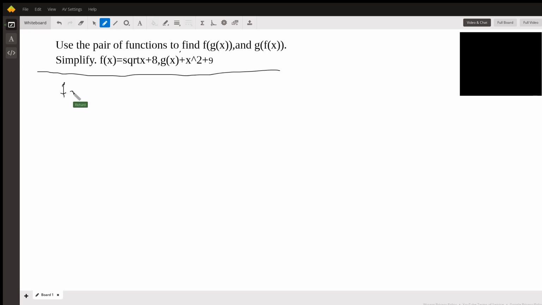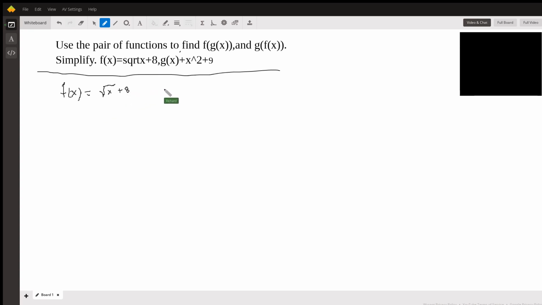So f of x, I'm going to let that be equal to the square root of x plus 8. The 8 could be outside the radical, or the 8 could be inside the radical. I'm not sure. The way it's written, 8 would be outside the radical. If they wanted 8 inside the radical, there would be a bracket around x plus 8. So I'm just going to write it this way.